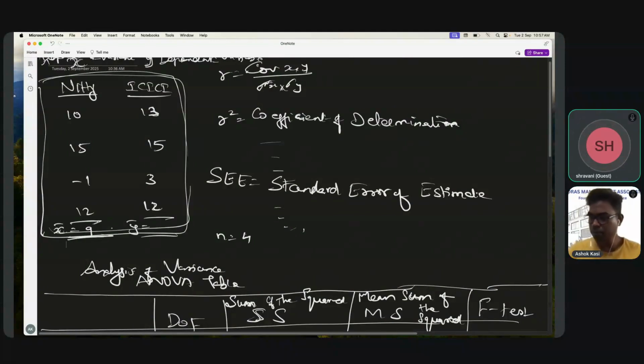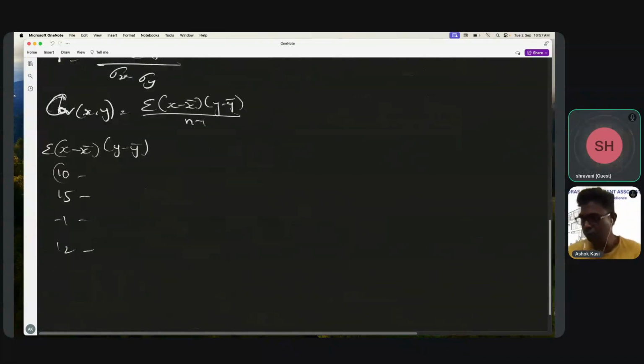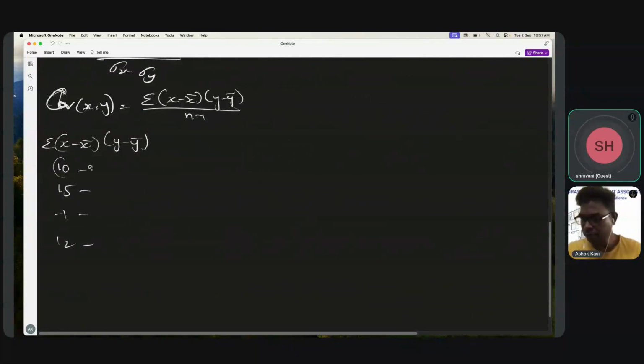Y bar is 10.75. So x bar is 9, and y bar is 10.75.